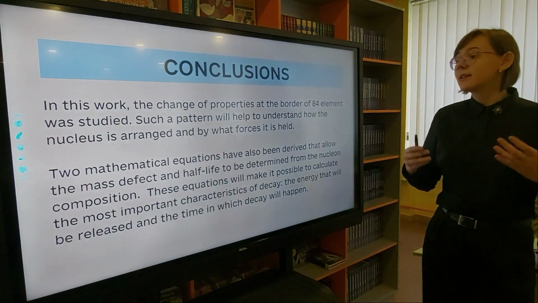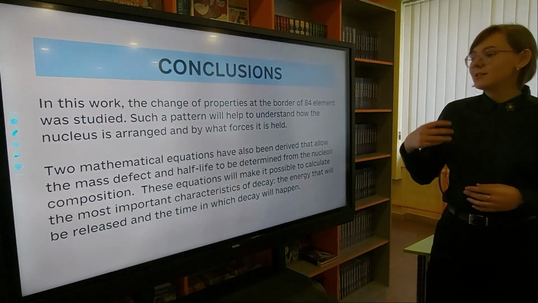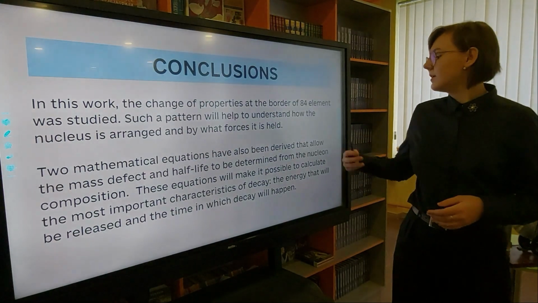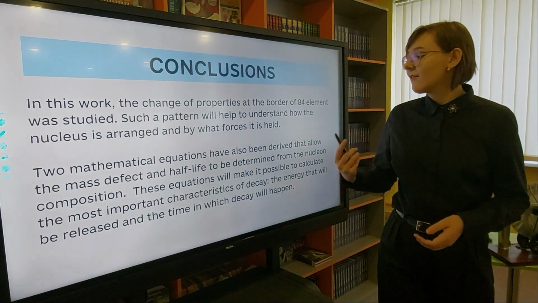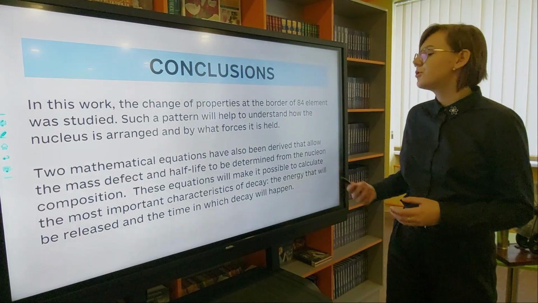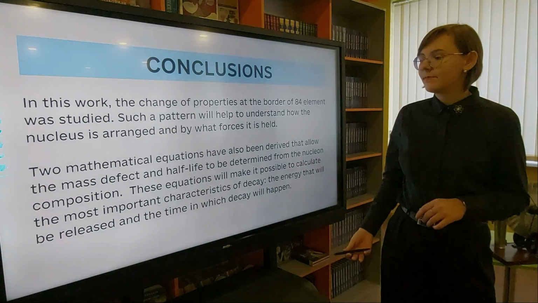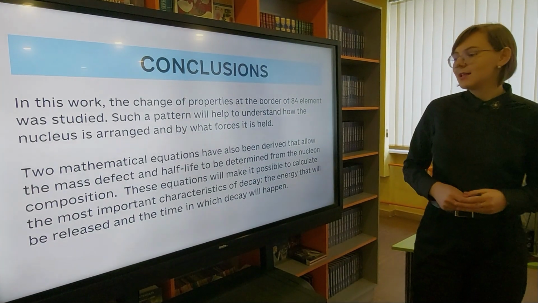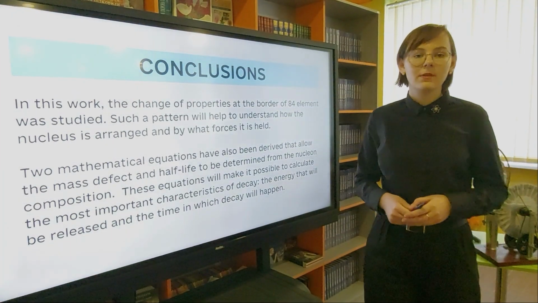Two mathematical equations have also been determined that allow the mass defect and half-life to be determined from the nuclear composition. These equations will make it possible to calculate the most important characteristics of decay, the energy that will be released and the time in which decay will happen.